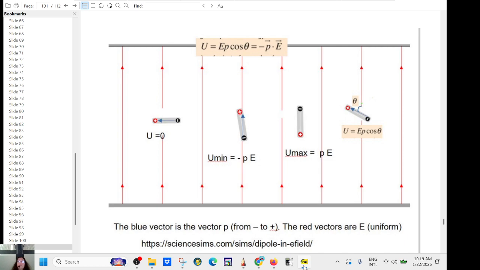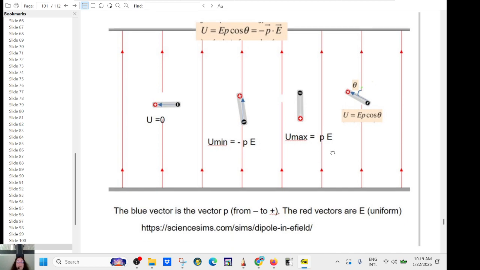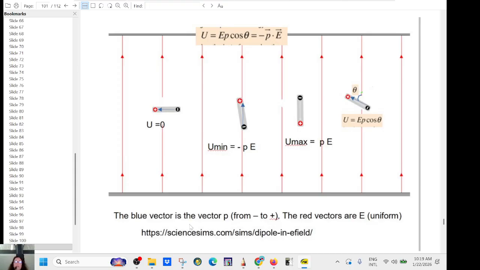Okay, definitely one question like this. Which one has the lowest potential energy? This one? Mm-hmm. Because I told you P goes from minus to plus and it wants to be aligned with the electric field. Aligned like collinear, not only collinear but showing the same direction.